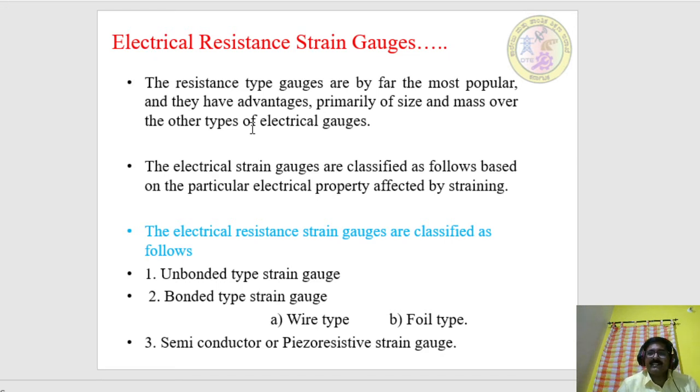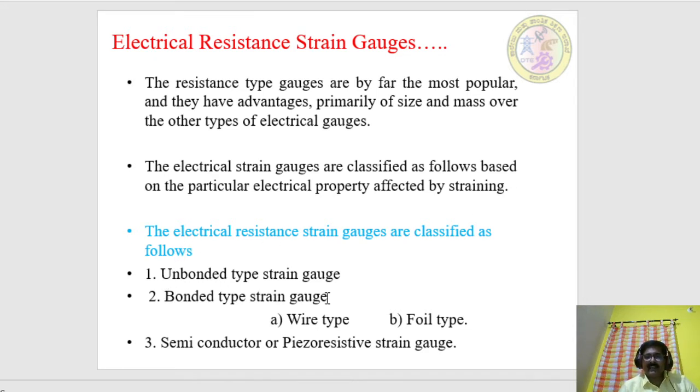Say the resistance type gauges are by far the most popular, and they have advantages mainly of size and mass over the other types of electrical gauges, which have been classified based on a particular electrical property affected by straining.